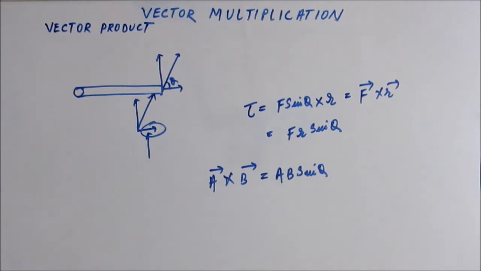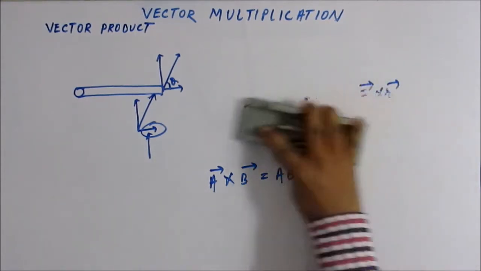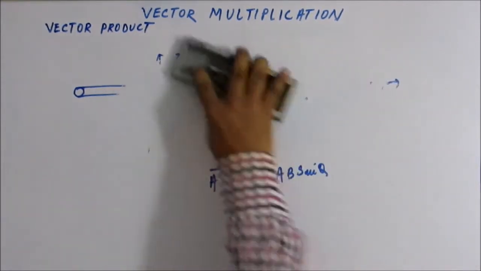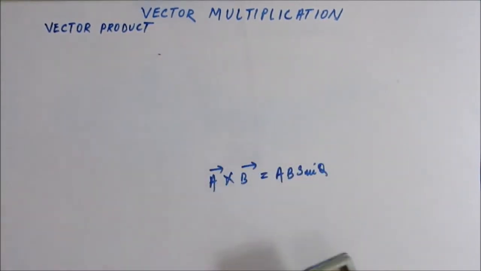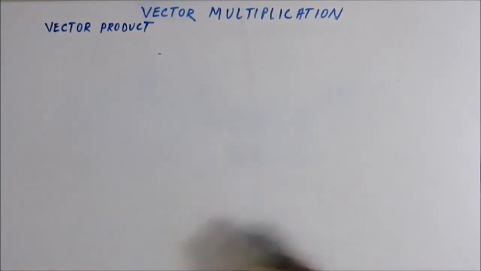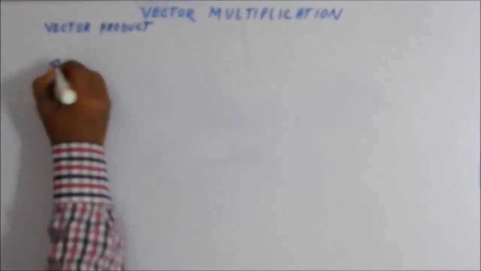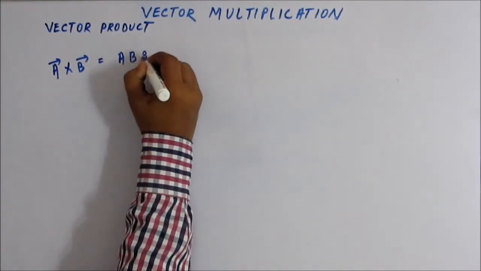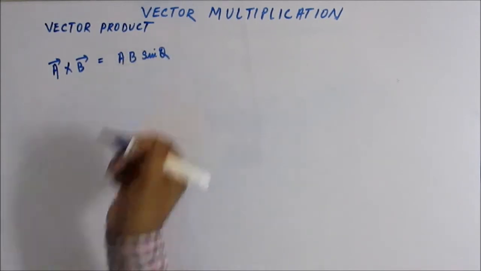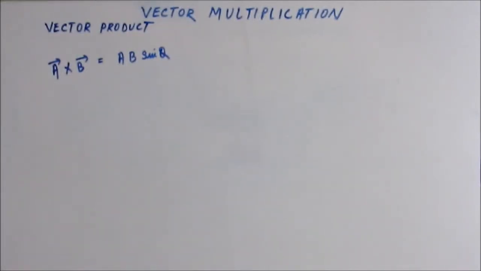So there is a physical requirement for defining such a cross product. So we define it, but this torque and the whole thing you just forget about for the time being, because we are not delving into it. Our prime motive here is to understand the cross product, and with a little bit of feel we have understood that there is a need for defining such a quantity, and A cross B is defined as A into B into sine theta, theta being the angle between A and B.